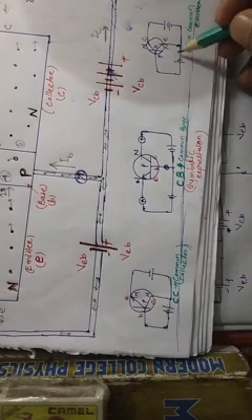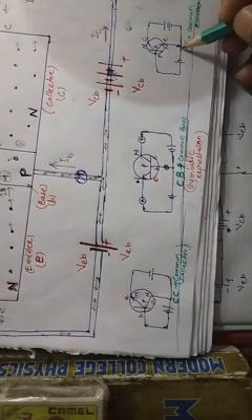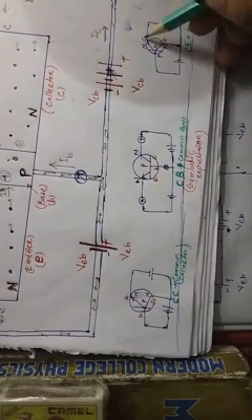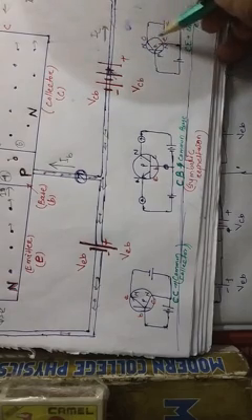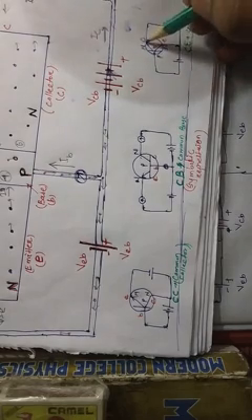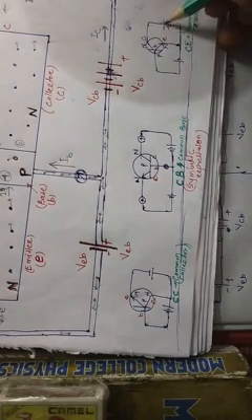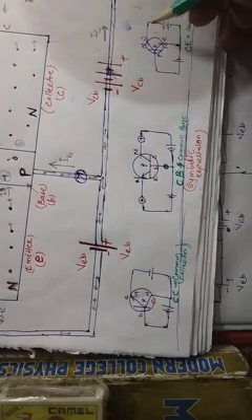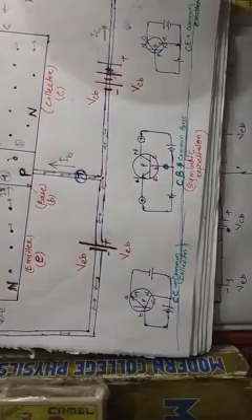Let's see, the negative terminal of the battery is connected to the N side, positive to the base side, but collector and base are connected to reverse bias. Collector is the N side but connected with the positive terminal of the battery, so we can say that collector base is in reverse bias.